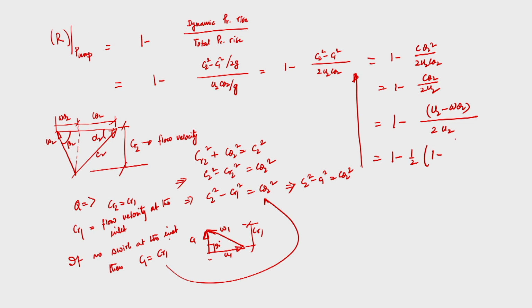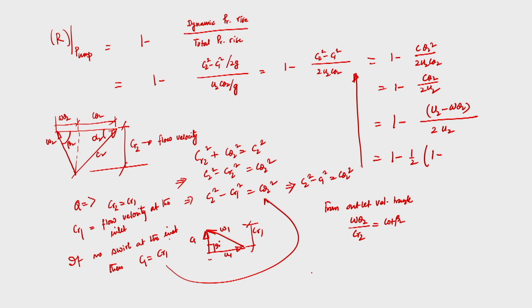W theta 2 by U2 equals how much? From the outlet velocity triangle, I can write W theta 2 divided by CR2 is equal to cot beta 2, right.